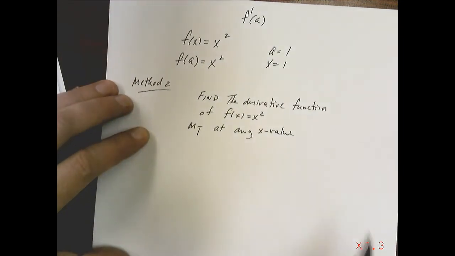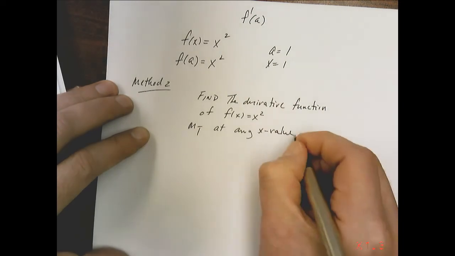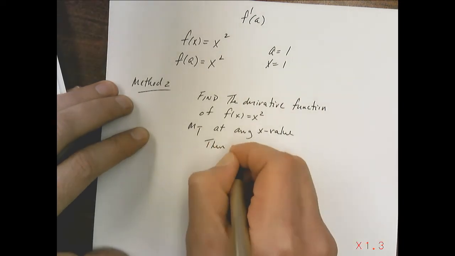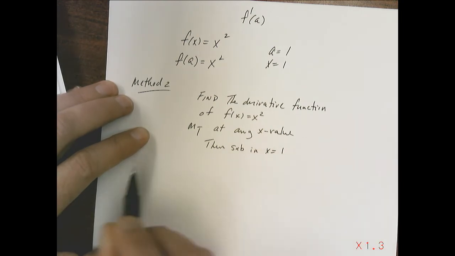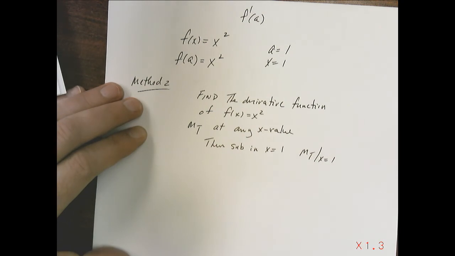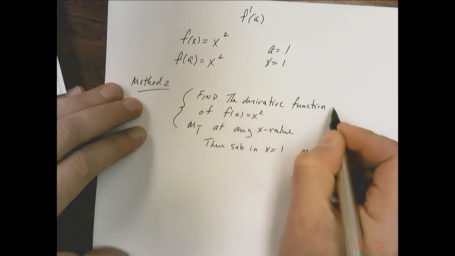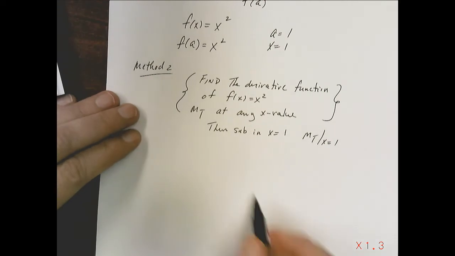And what I'll have to do at the very end is then sub in x equals 1. And that'll give me the particular slope of the tangent that I'm after. But in the first part, I'm going to find the derivative in general.